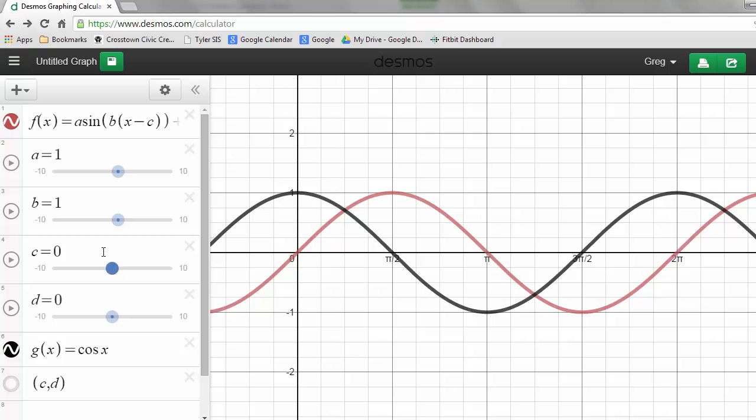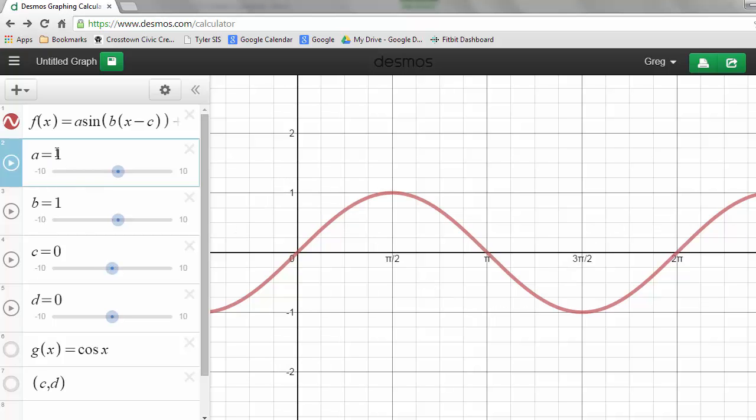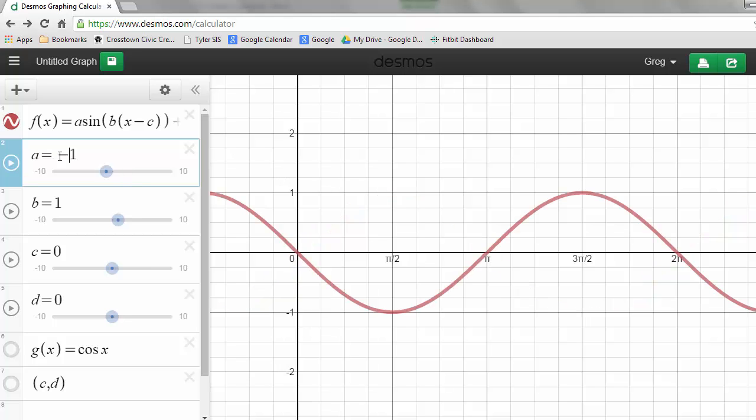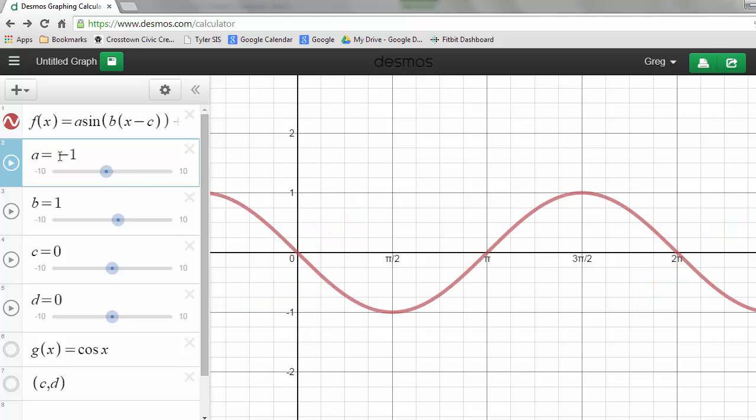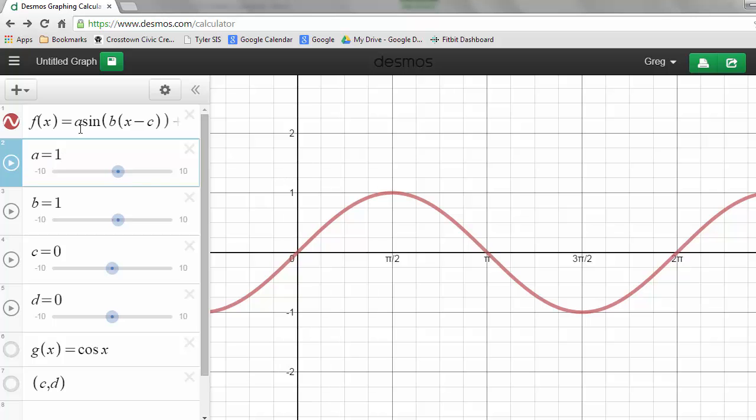Let me show you also what happens when I make a negative. Here, I'll get rid of that cos thing. If a is negative, there I get that reflection. So I'll just back up. So the reflection across the x-axis, boom, that's what that looks like. Quite often we get A as a negative value. We don't get B as a negative value very often, but let me just play with that one.